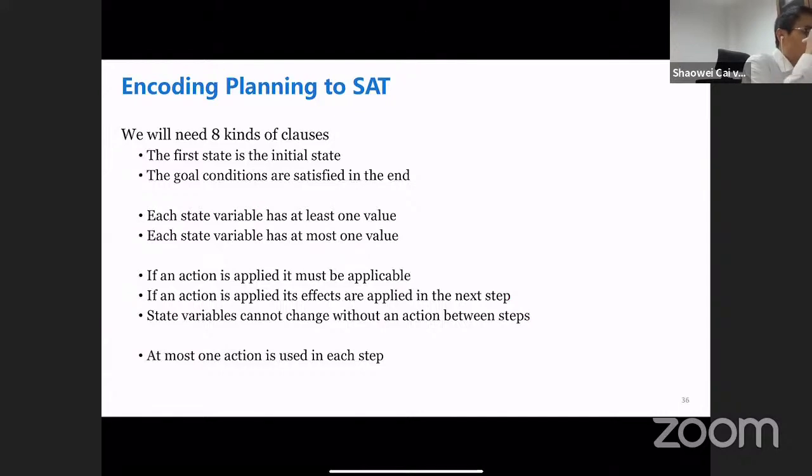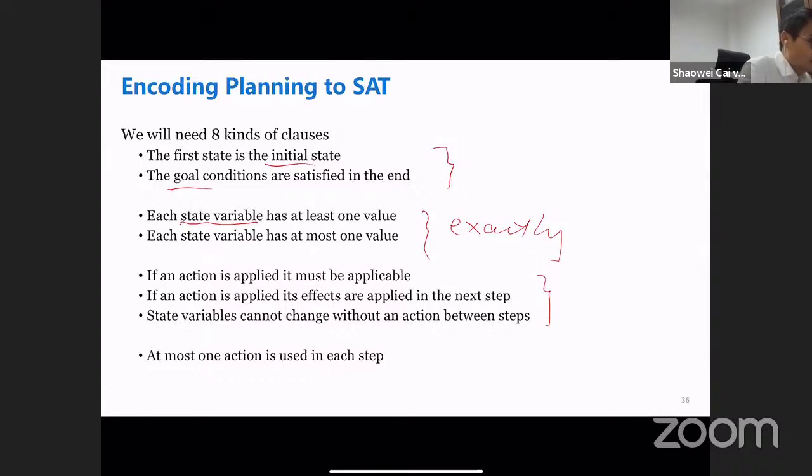And we need three kinds of clauses, actually three groups. The first group is about the initial state and the goal. The second group says each state variable has at least one value and at most one value. That means exactly one value. And then the third group is about the actions.